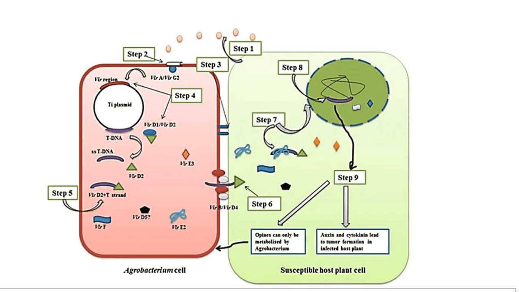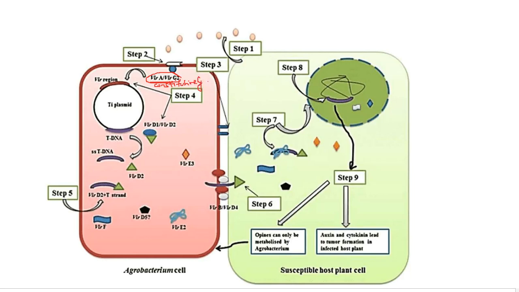And where are these vir genes located? They are located on the Ti plasmid. Understood? And next we need to discuss which of the genes are required for what purpose. So first of all, vir A and vir G genes are the genes which will be expressed constitutively all the time.